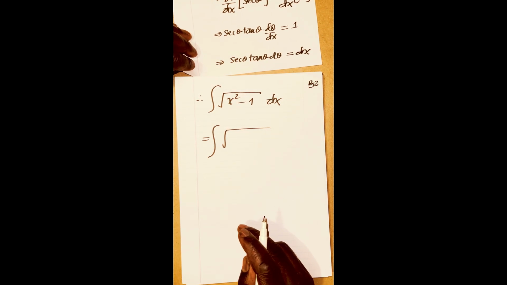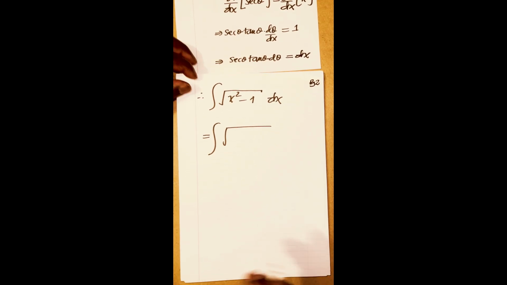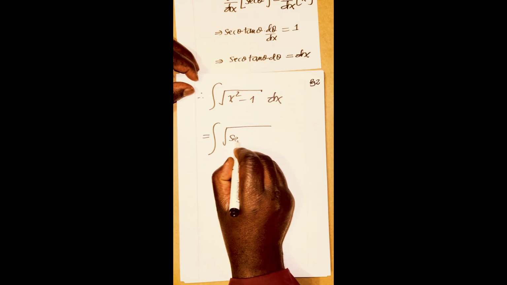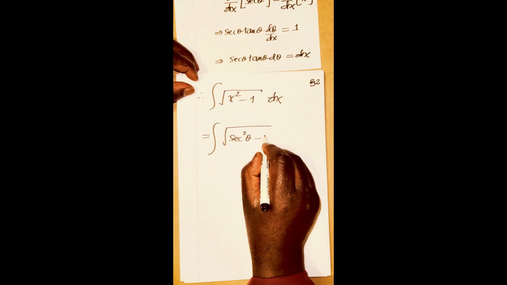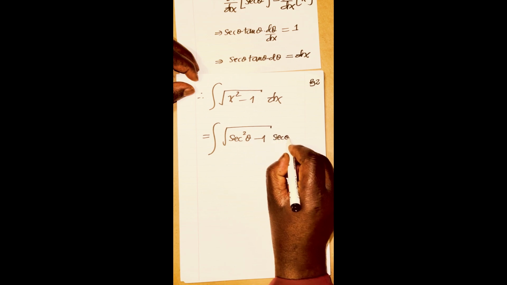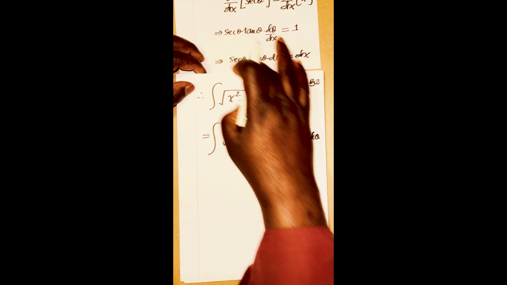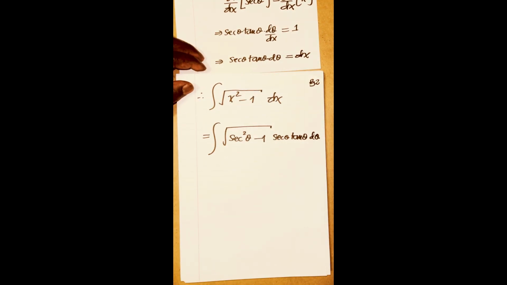So what I have there is sec squared of theta minus 1, and outside here we can have sec theta tan theta d theta. As you can see over here, the expression in terms of sec and tan for dx, this is what we have.